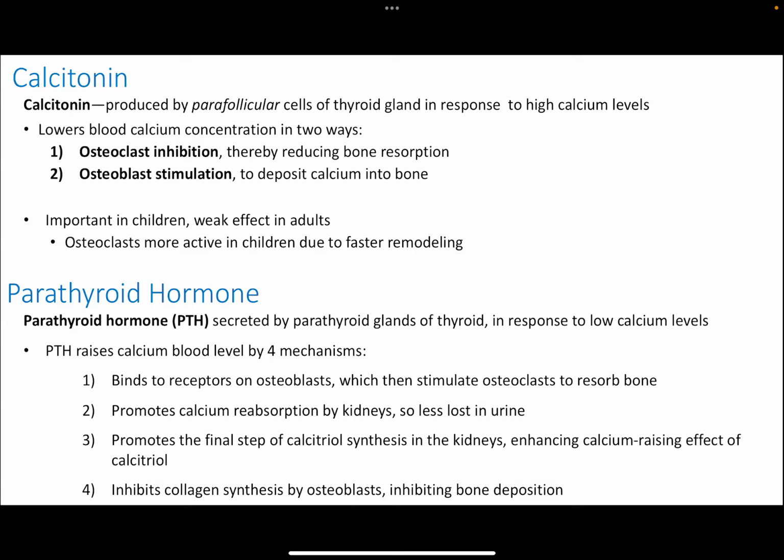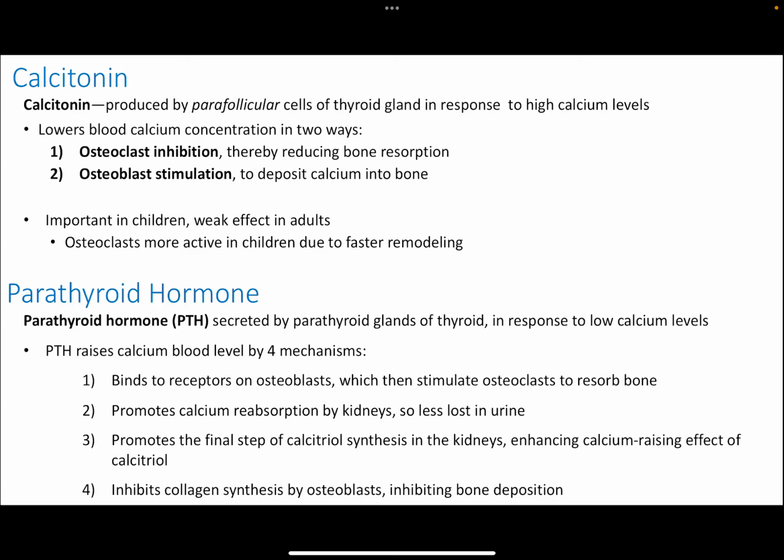And how parathyroid hormone can raise calcium levels is in 4 different ways. It can first bind to receptors on the osteoblasts, which then will stimulate osteoclasts to resorb bone or break down bone. It can also promote calcium reabsorption by the kidneys, so there's not as much being excreted.